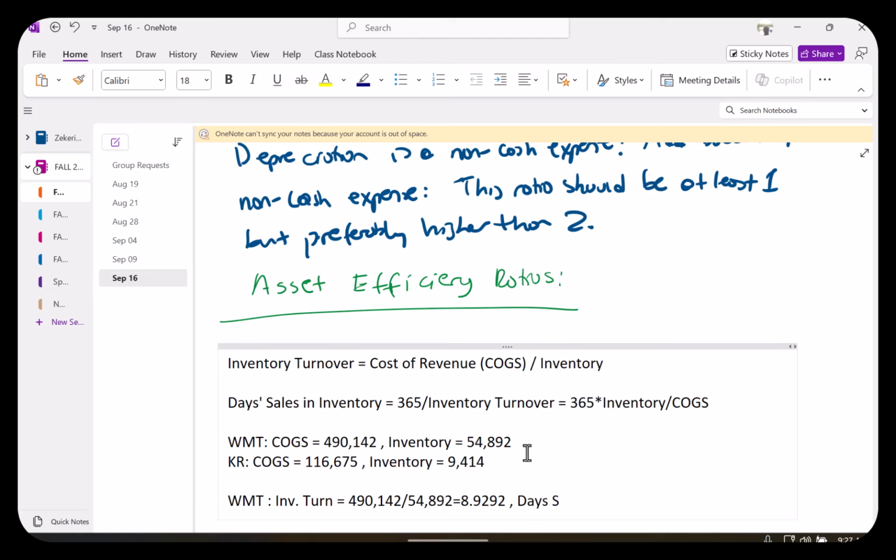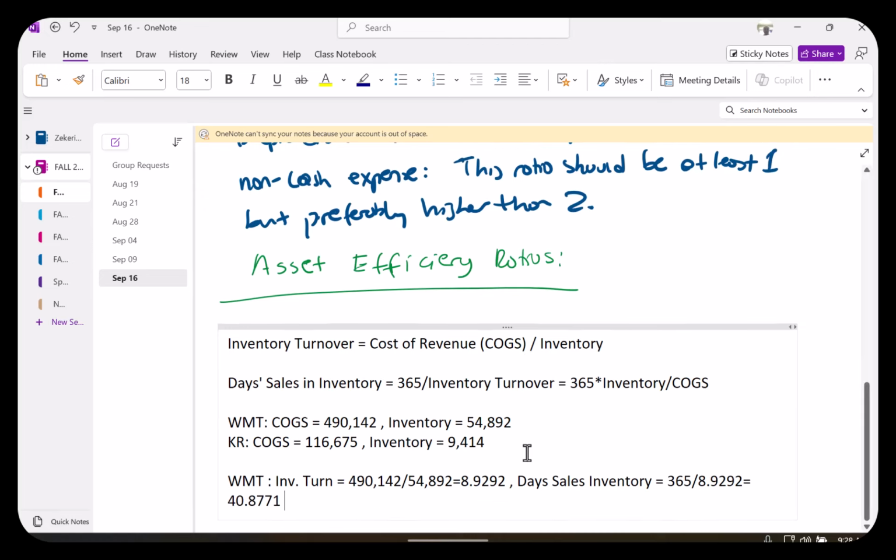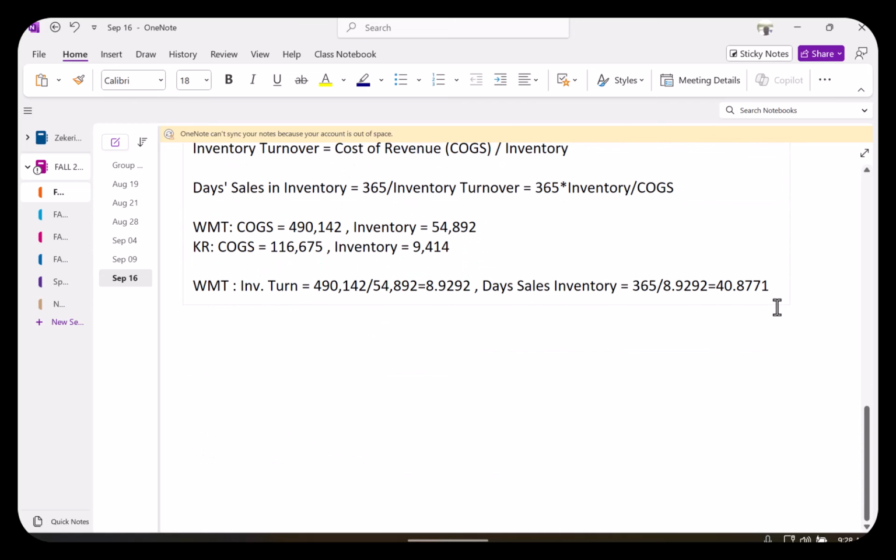Alternatively, days sales in inventory is 365 divided by the inventory turnover. So that means it takes Walmart on average, at least based on the end of the year number.